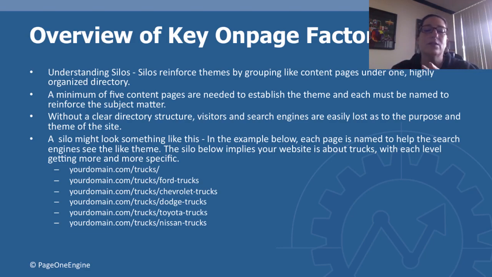So a silo might look something like this. In the example below, I really tried to go with the automobile industry. So you can have your domain /trucks, and then your domain in the directory of trucks would be Ford trucks, and then Chevrolet trucks, and then Dodge trucks, and then Nissan trucks. So each level is getting more and more specific.